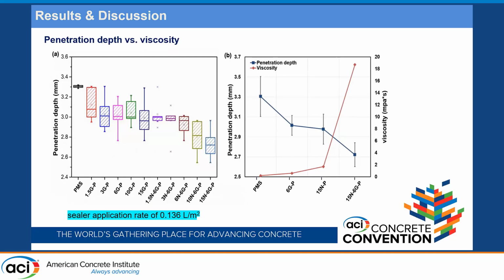For the original PMS sealer, its penetration depth was about 3.3 millimeters. However, after adding nanomaterials, it's decreased. This is not a good signal, and it's also our future research to find a way to balance this performance and the previous engineering performance.